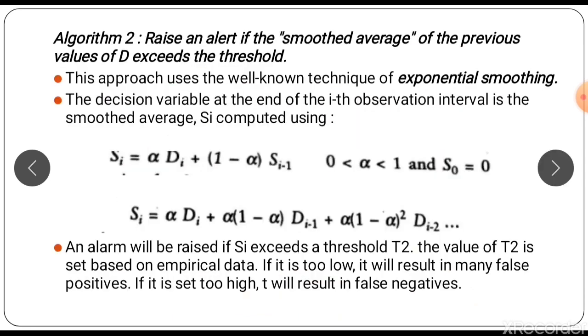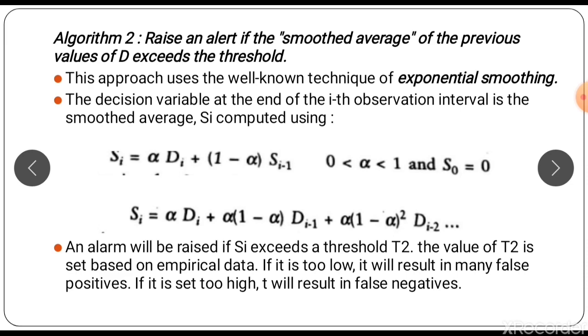The second algorithm will raise an alarm if the smoothed average of the previous values of D exceeds the threshold. This approach uses a well-known technique, that is, exponential smoothing. The decision variable at the end of the ith observation interval is the smoothed average, that is, Si is computed as Si equals alpha into Di plus (1 minus alpha) into S(i minus 1), where alpha lies between 0 and 1 and S0 is equal to 0.